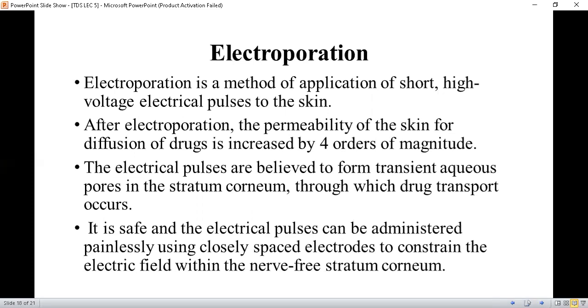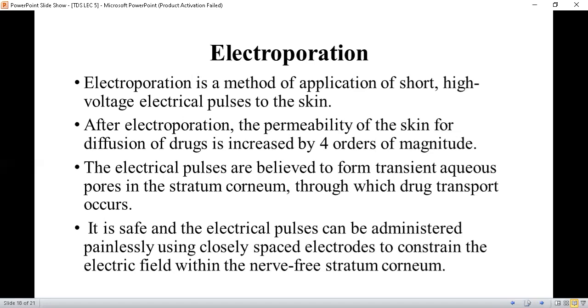The electrical pulses are believed to form transient aqueous pores in the stratum corneum through which drug transport occurs. So the mechanism of electroporation is that after the application of electrical pulses, it is believed that transient aqueous pores in the stratum corneum are produced.